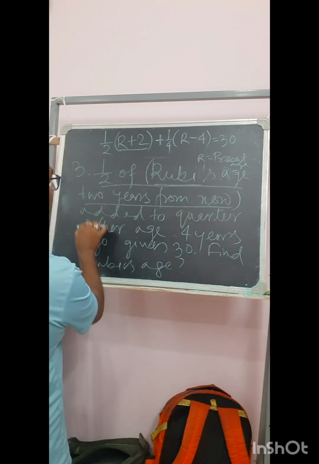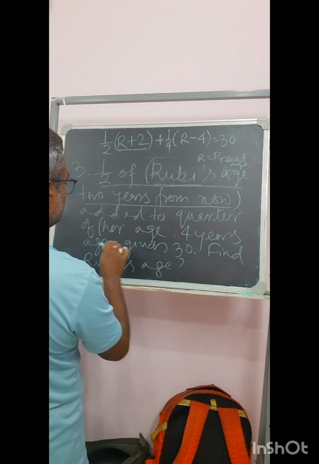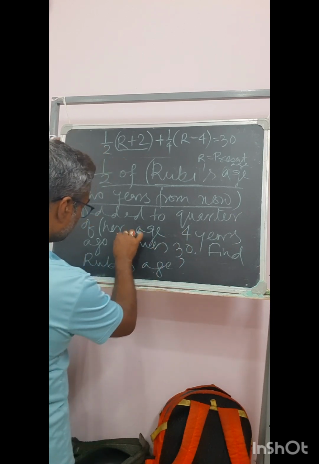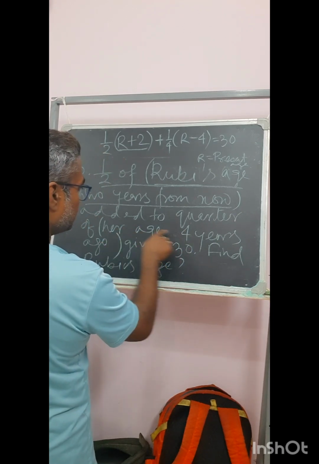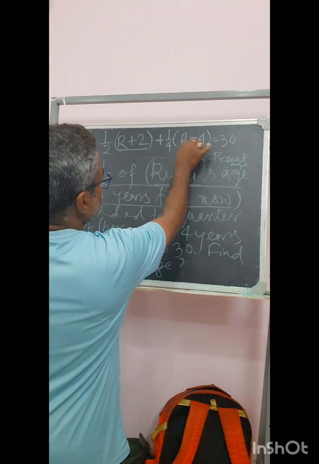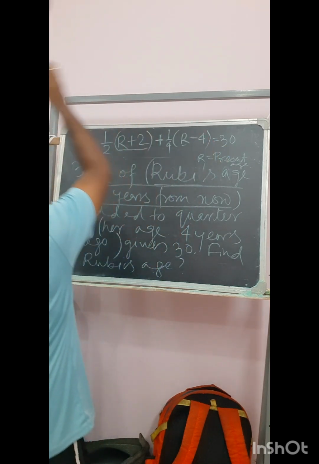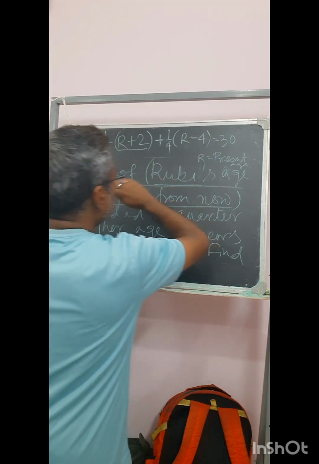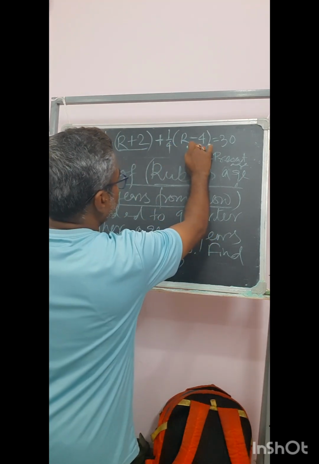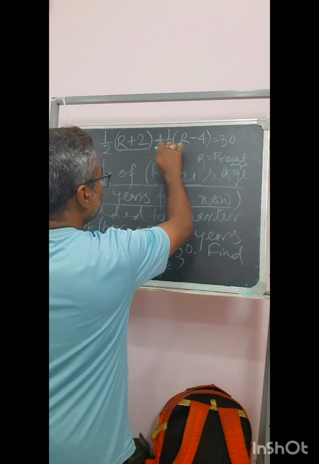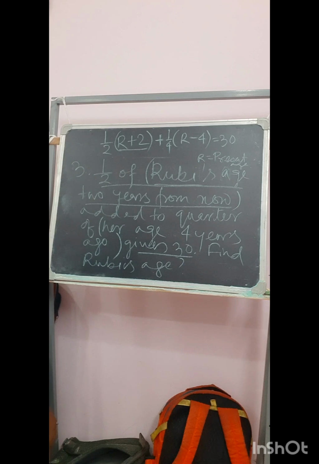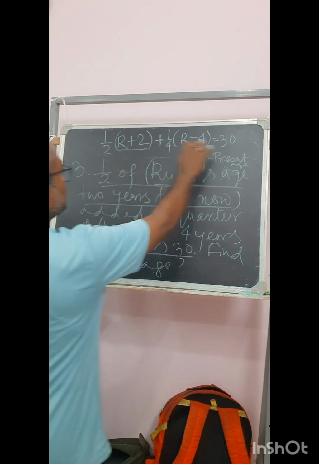Quarter of means multiplication by a quarter. 4 years ago means you are going back 4 years, so you have to deduct 4 from her present age, so this will be the age before 4 years. Then you take the quarter of that, and all together will give you 30. Okay, so you can establish the equation.